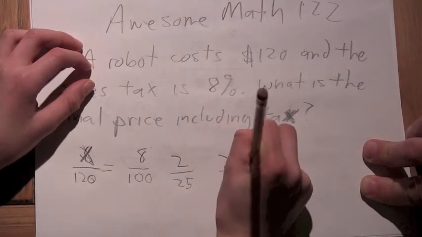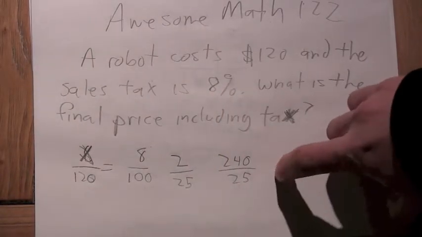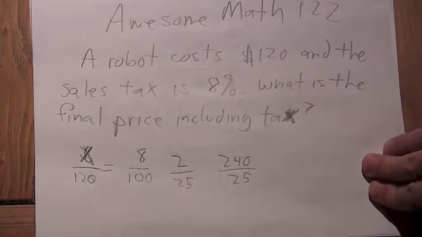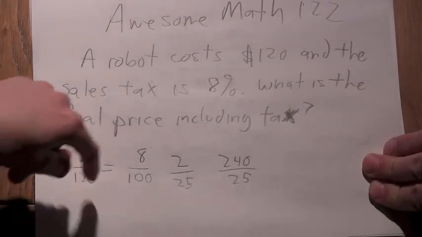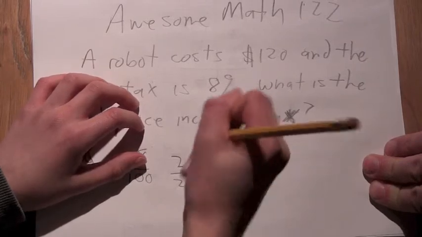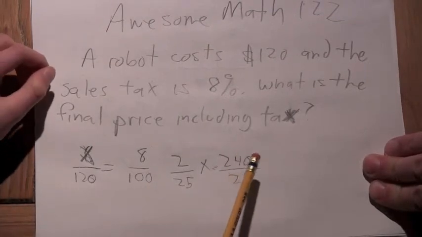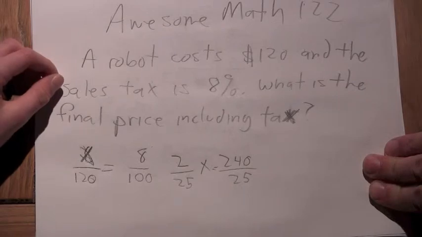It turns into 240 over 25. Okay, so how did you get 240 over 25? Oh, it's because you're multiplying. This is what x equals. It's 240 over 25. Okay, how are we going to simplify that? Well, we can take out a 5.